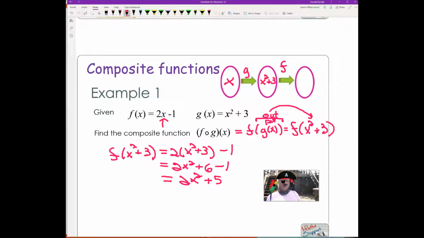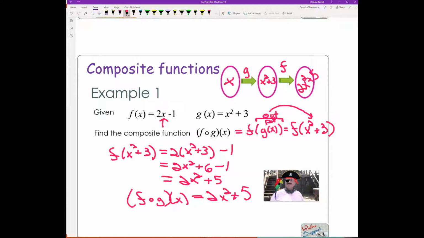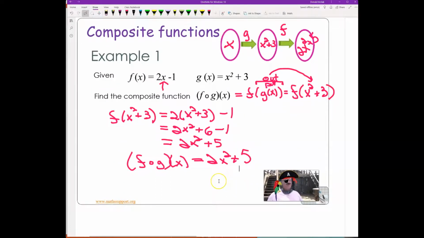And then that is my final output. So f of g of x is equal to 2x squared plus 5. Alrighty, let's move on to the next one here.